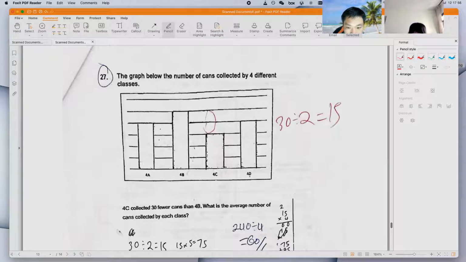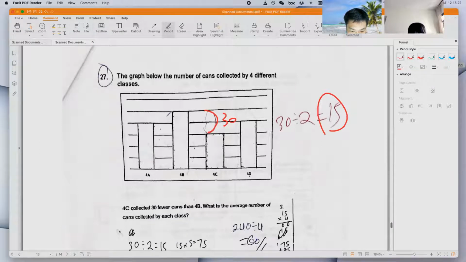Question 27. The graph below shows the number of cans collected by 4 different classes. This is a bar chart, so we need to learn how to read a bar chart. It says 4C collected 30 fewer than 4B. So basically these 2 units are 30, therefore 1 unit is 15. Very clear.